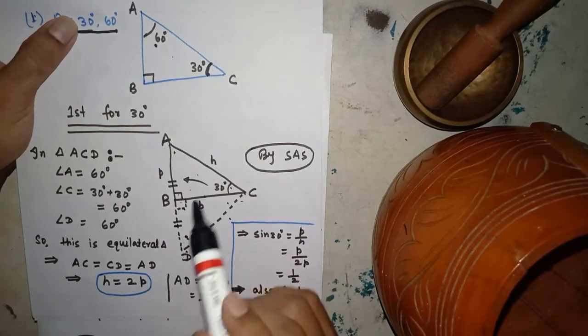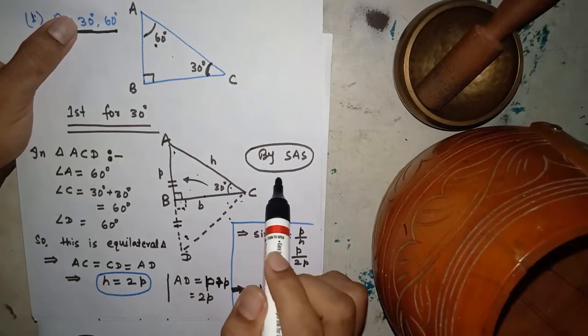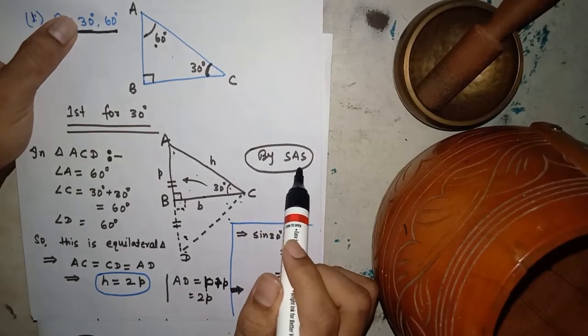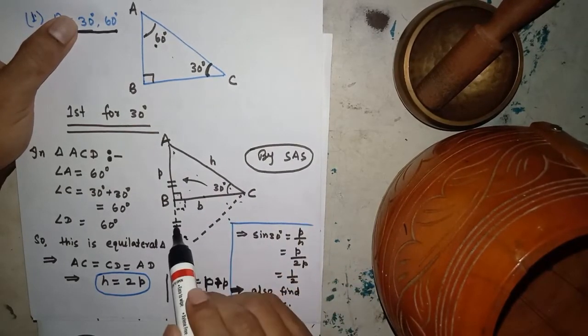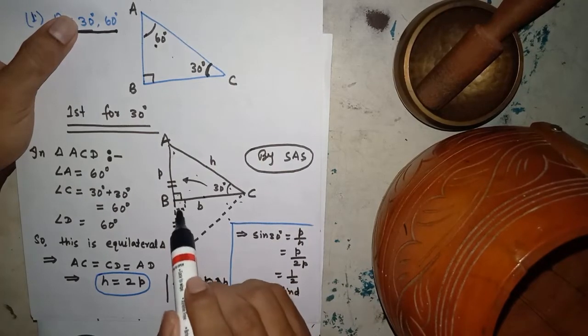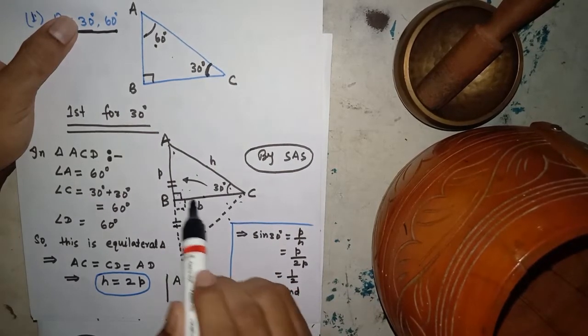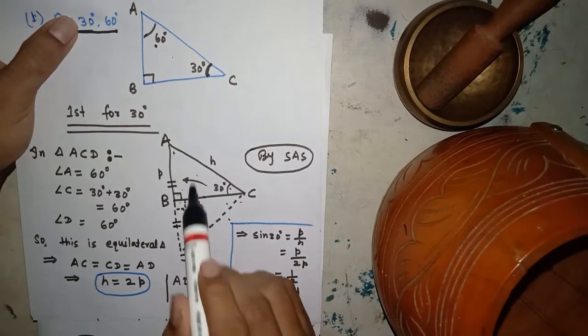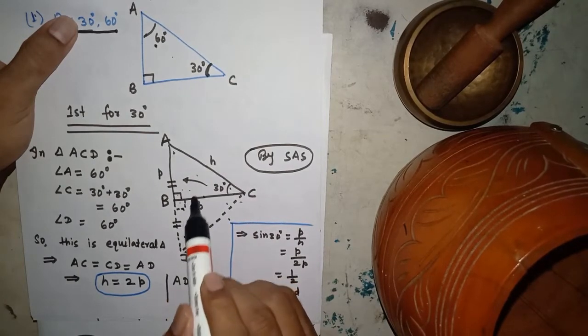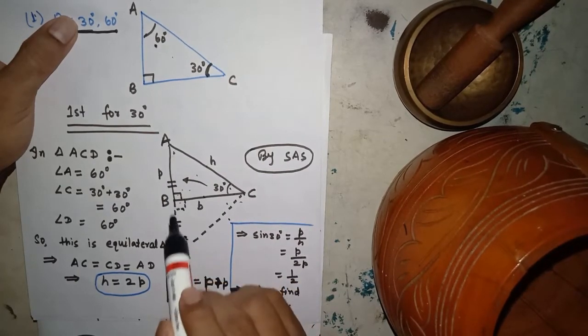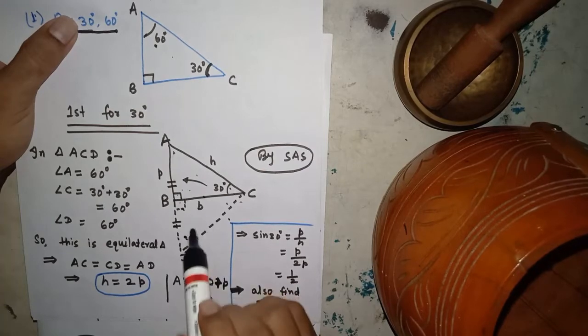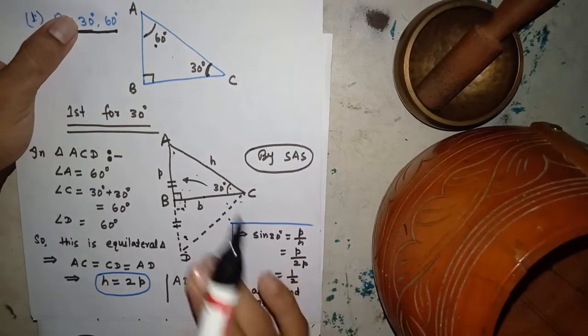Yes or not? Now by congruency criterion SAS, SAS means here this side is equal to this side, this angle is equal to this angle, and this side is common to both the triangles. So by SAS we can say these two triangles are congruent to each other.